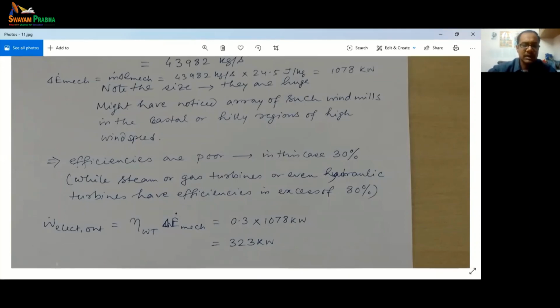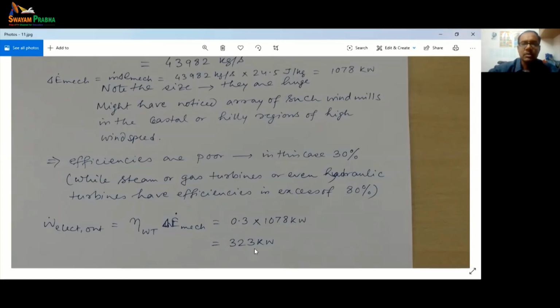So ultimately the electrical power output that you will get will be the efficiency of the wind turbine multiplied by the mechanical energy available. That means 30% of this 1078 kilowatt, which is 323 kilowatt.